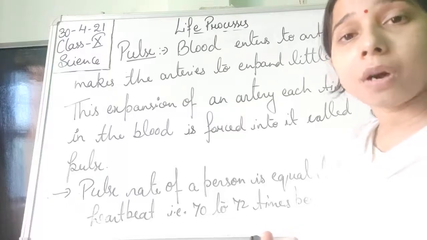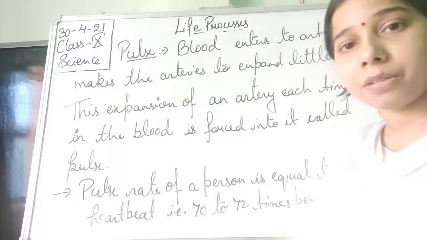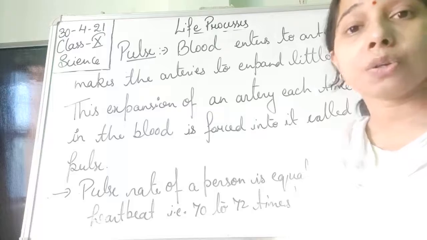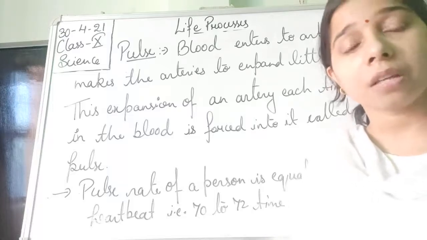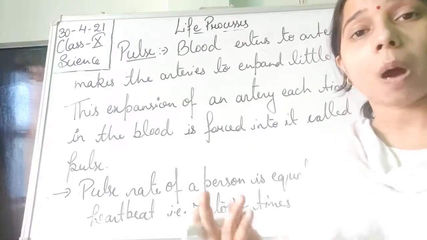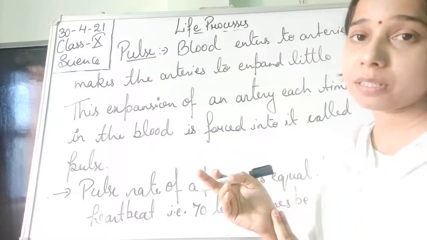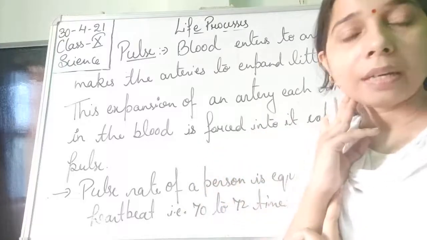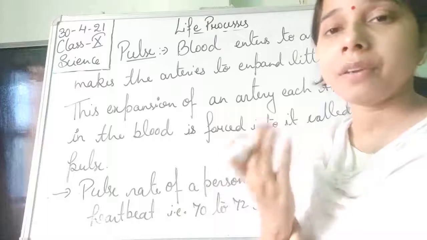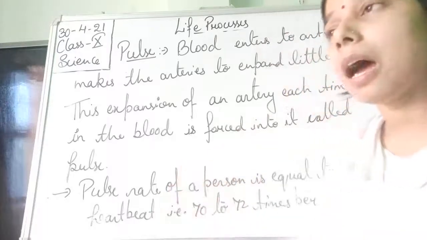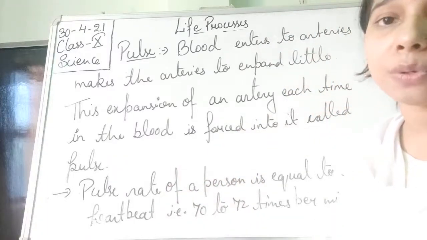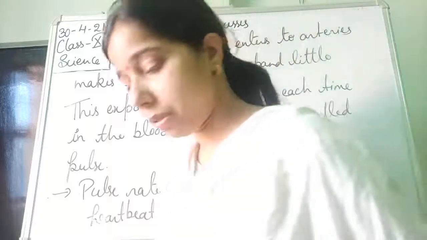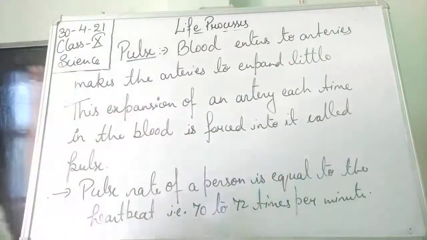So it is possible to get the pulse rate from these arteries. Now the question arises, which arteries are present where? The arteries near your wrist and your neck are very close to the skin, and because of that we are able to get the pulse rate of a person from these locations.